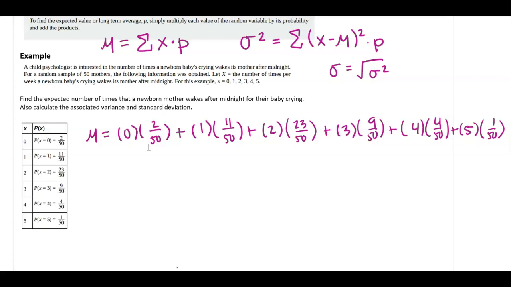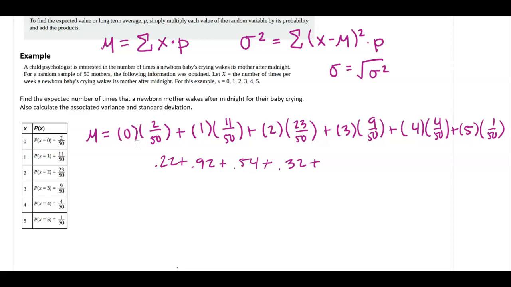All right, I'm going to just use a 4-function calculator for this. The nice thing about multiplying by 0 is that this one just goes away. 1 times 11 over 50 is 0.22. 2 times 23 divided by 50 is 0.92. 3 times 9, 27 over 50 is 0.45. 4 times 4, 16 over 50 is 0.32.